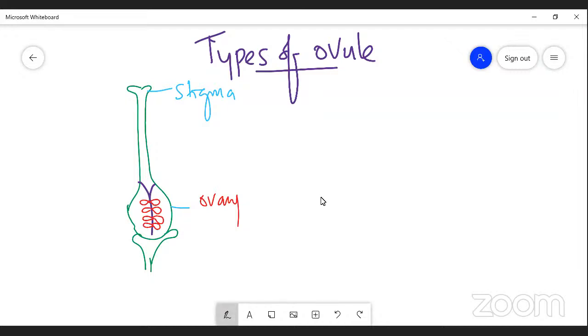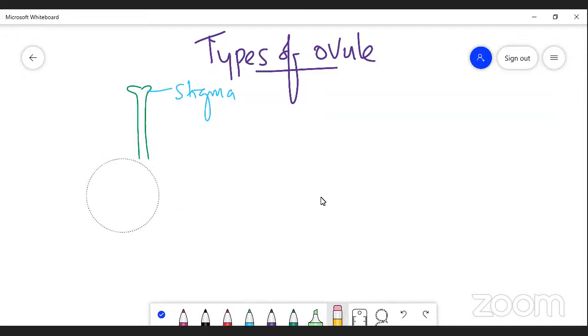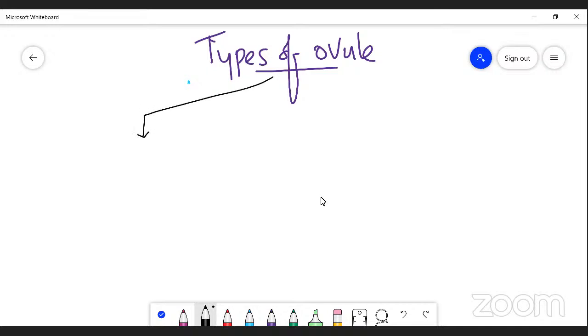The first type is the orthotropous ovule. The second type is the anatropous ovule.